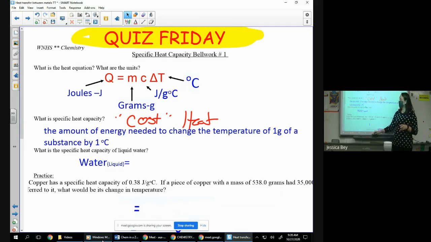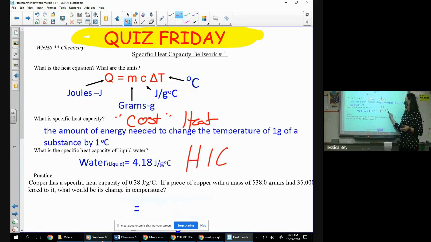Water you have to memorize is 4.18 joules per gram degree Celsius. Every substance has its own specific heat capacity. Water just happens to be super high and takes a ton of energy to heat it and to cool it. Okay, perfect.